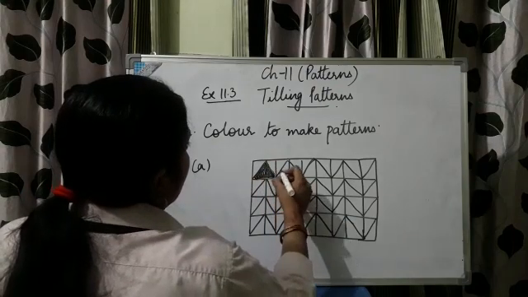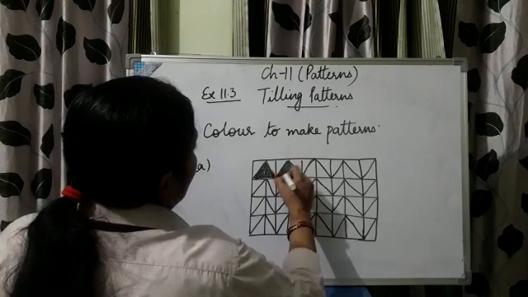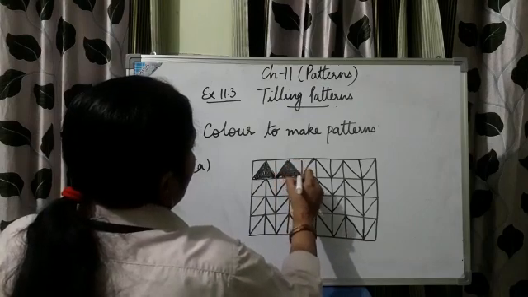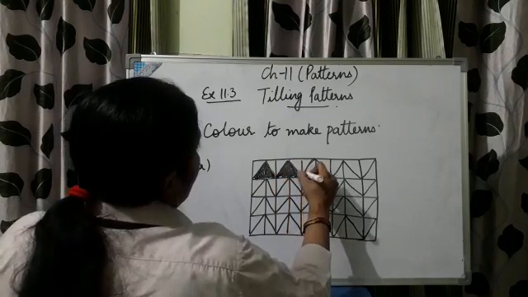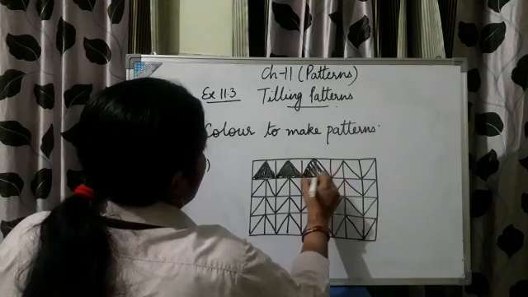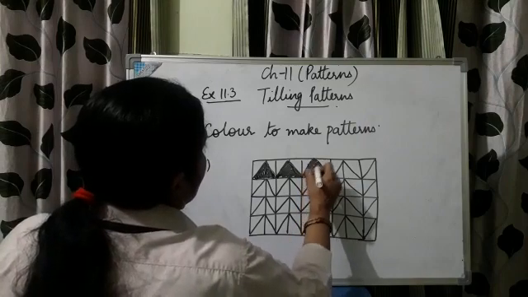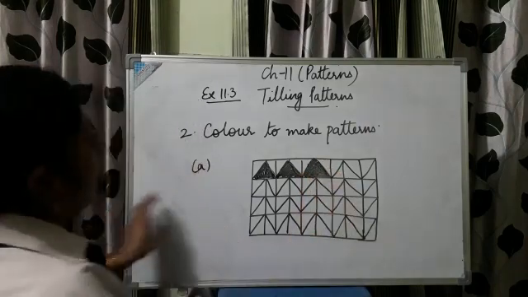Then you can color this triangle with any of your favorite color. You can color and make it into a pattern. With a single color you can do it and make it into a pattern.